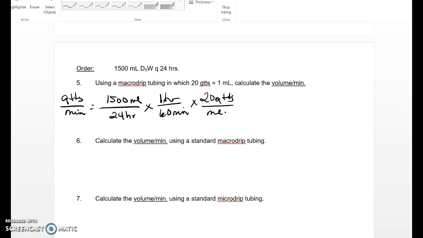Okay, I can get rid of some things here. 20 will go into 60 3 times. Now, can I go any further on this? 3 will go into 1500 500 times. So we end up with 500 divided by 24, which equals, let me find my calculator here.